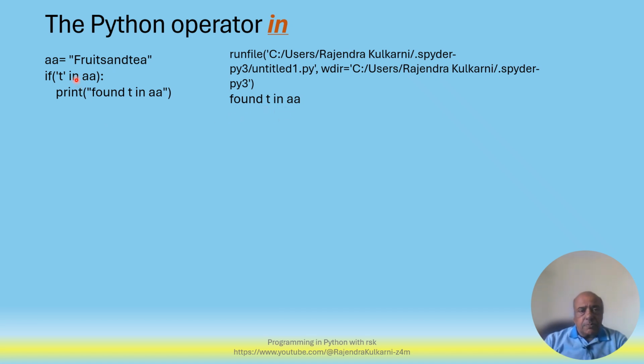If we had employed a for loop, then for every T appearing in the string we would have got an output found T in AA. So there we could have found two outputs if we had employed a for loop.